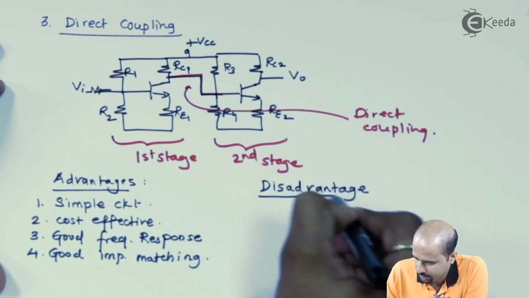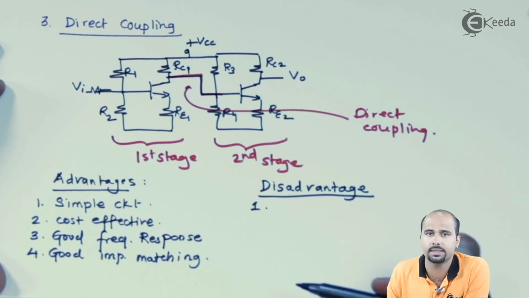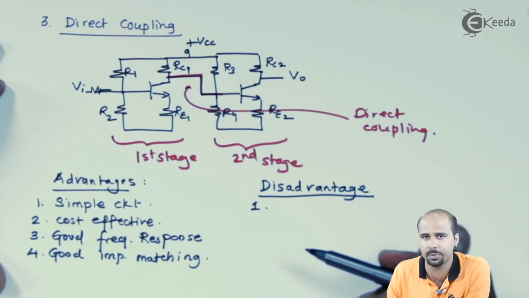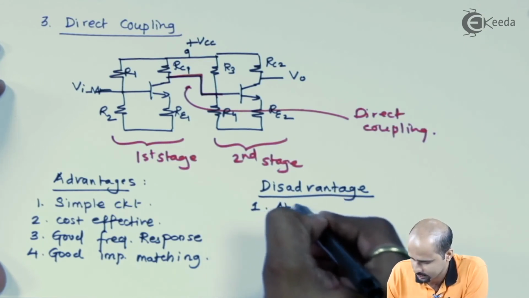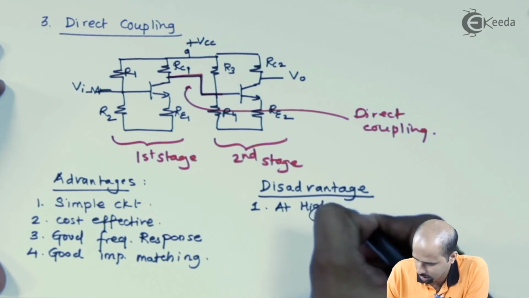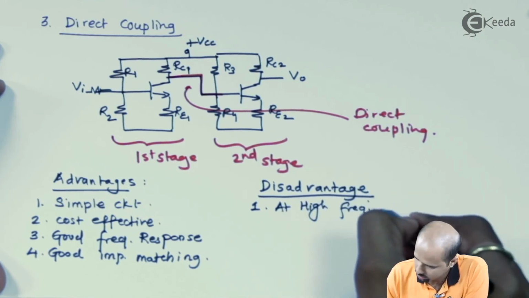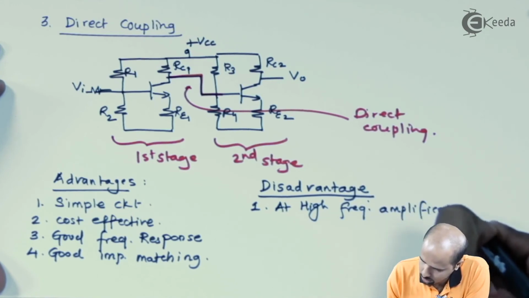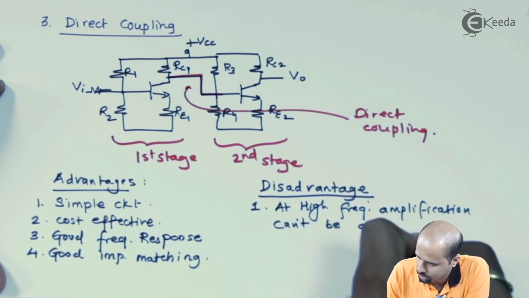For the direct coupling, the first disadvantage is, at high frequency I cannot amplify with that much value as compared to RC and transformer coupled. So at high frequency, amplification can't be achieved.